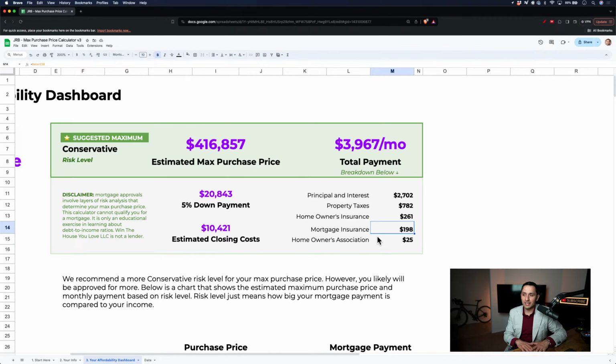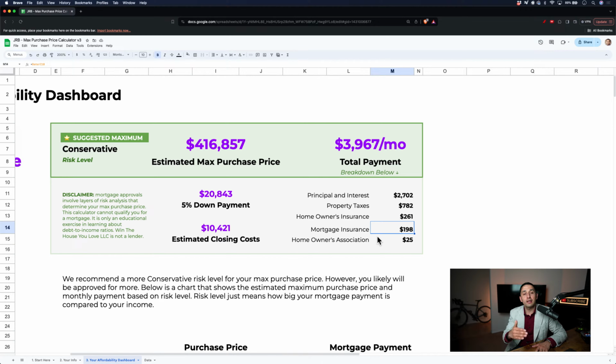Now, here's where we get to the 5% versus 10% versus 20% versus any other percent. Mortgage insurance. Mortgage insurance comes into play if you put anything less than 20% down on your home. So if we put 20% down in this loan, we wouldn't be paying mortgage insurance.